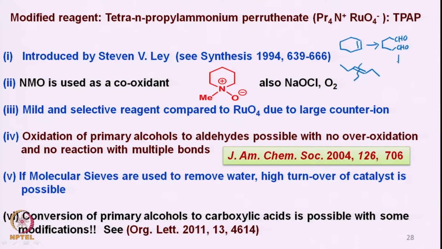So, basically it means that we need to develop protocols which can allow the reaction to be stopped at the dialdehyde stage, because, as I showed in one example, CC bond cleavage does not occur with reagents such as ozone or KMnO4, so ruthenium tetroxide becomes a better oxidizing agent to cleave that.